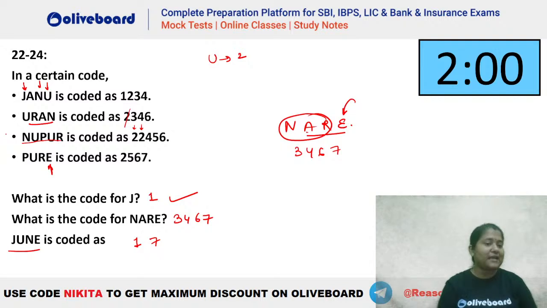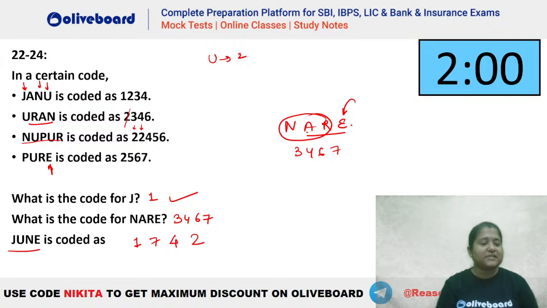You can see only N is common apart from U, right? U was 2. So apart from that you can see we have 4 which is common. So that means we should have a 4 for N, right? And what is remaining here? U is 2. So this will be your 1472, 1247, 1742, whatever is given in the option here.